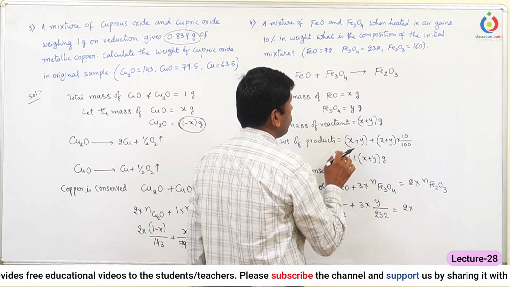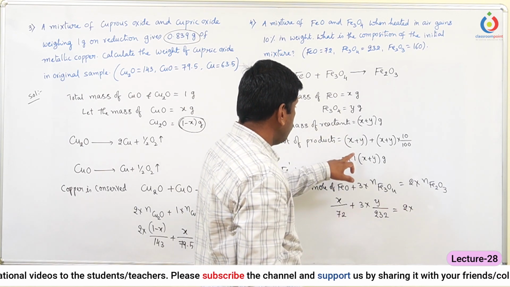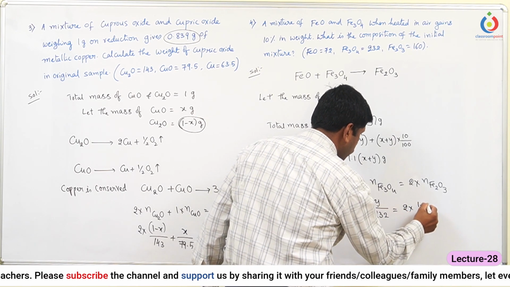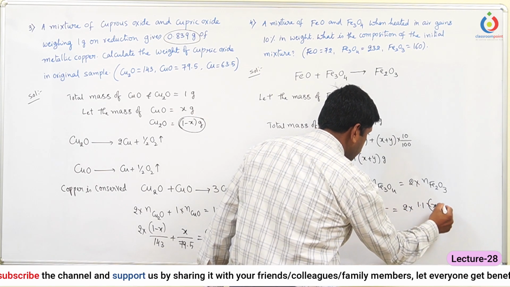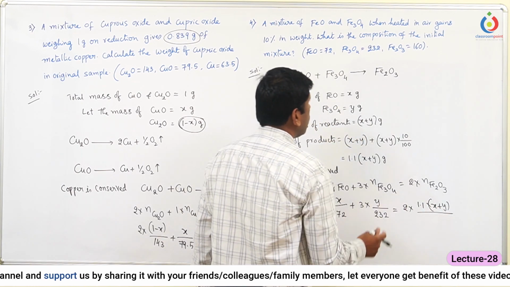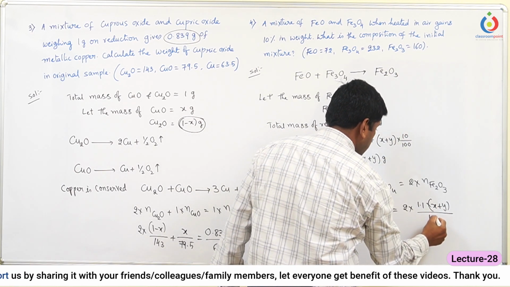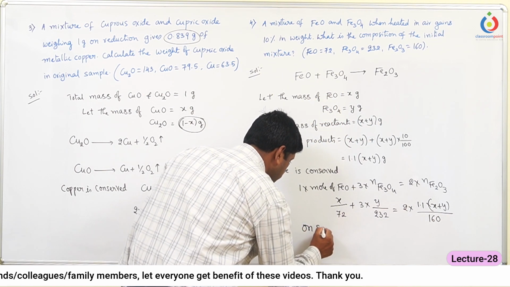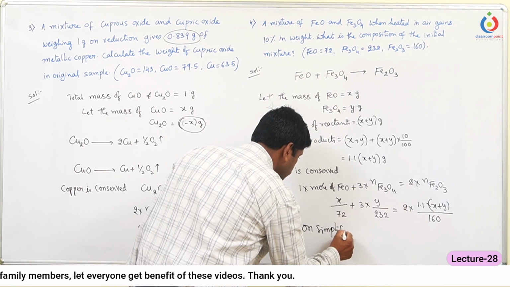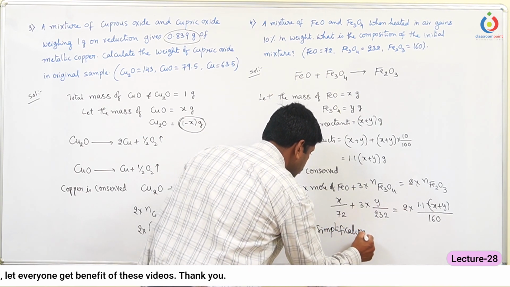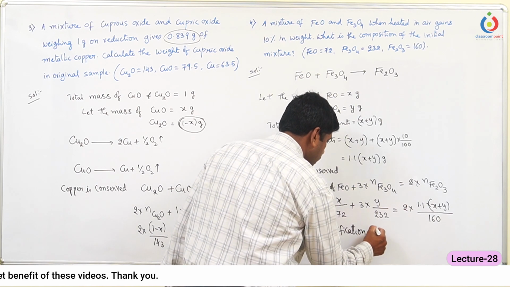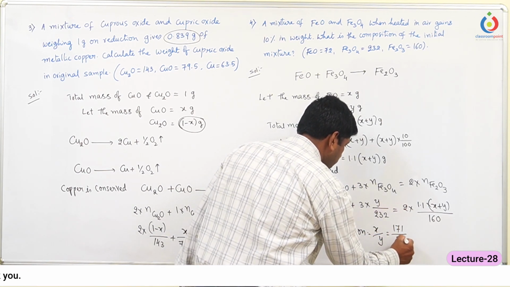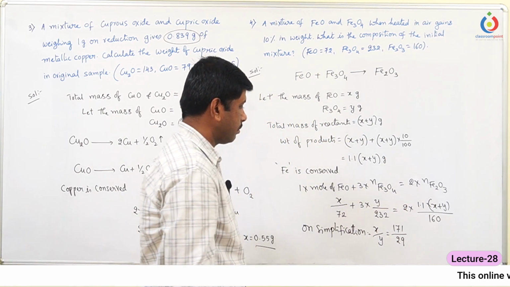So the weight of Fe2O3 is the product: 2 into 1.1 into x plus y divided by its molecular mass 160. On simplification, we get x by y value as 171 divided by 29.